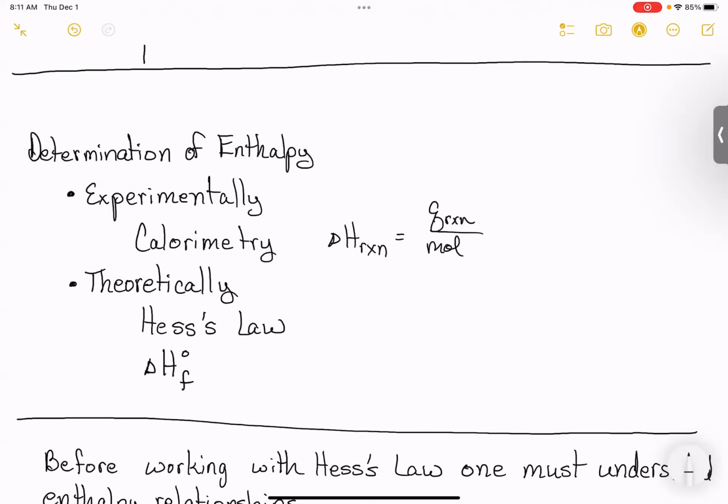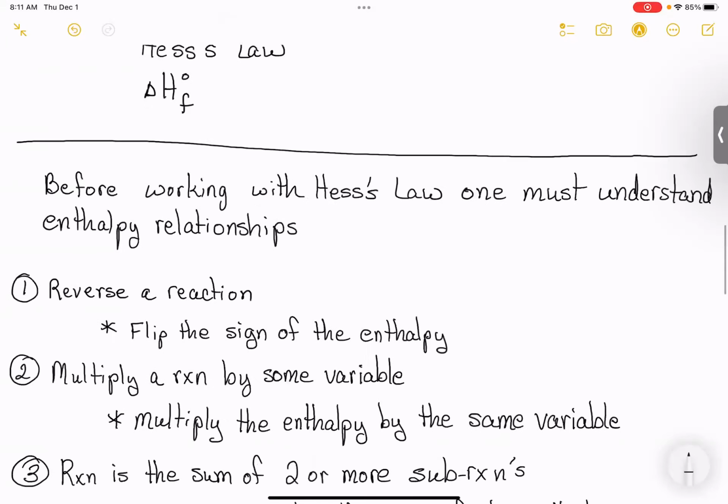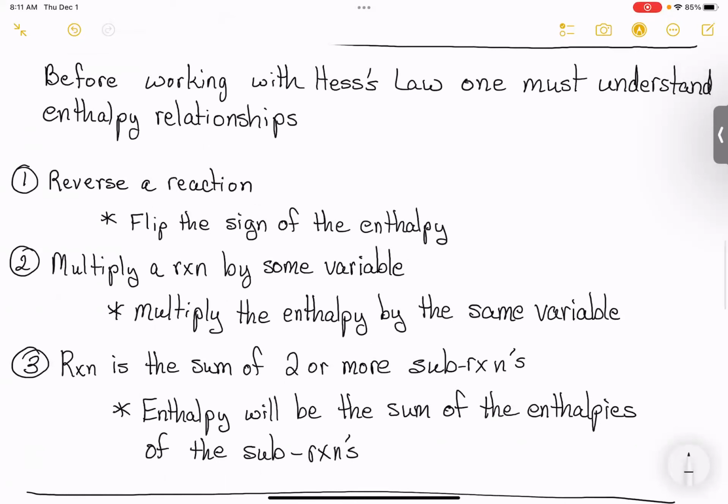So the first thing we're going to be working with is going to be Hess's law. But before we can get into Hess's law, you have to understand enthalpy relationships. The first one I just spoke to you about with regard to photosynthesis compared to the glycolysis chain and so on and so forth.